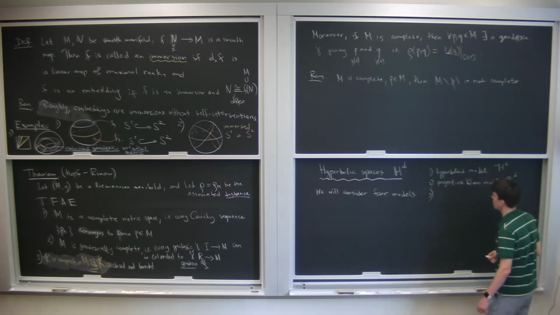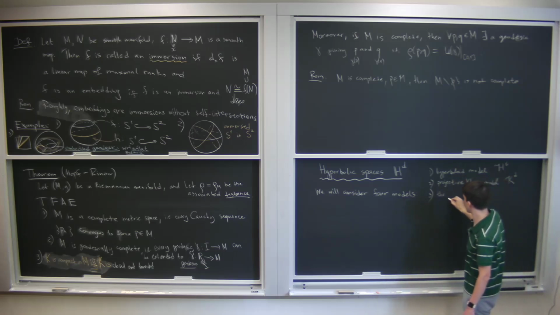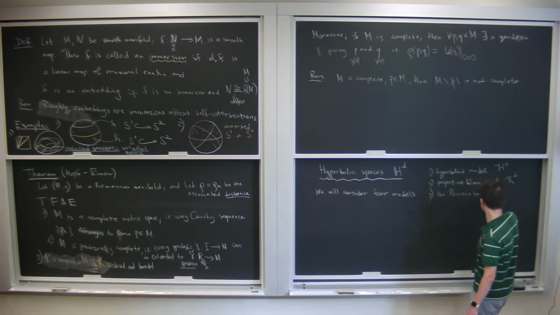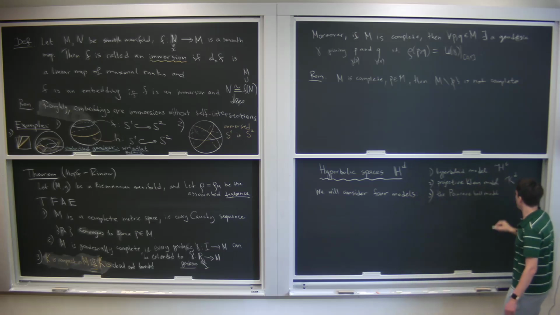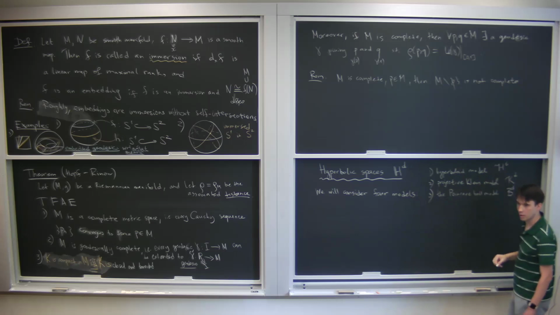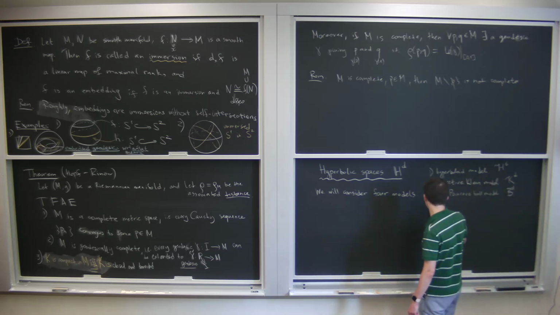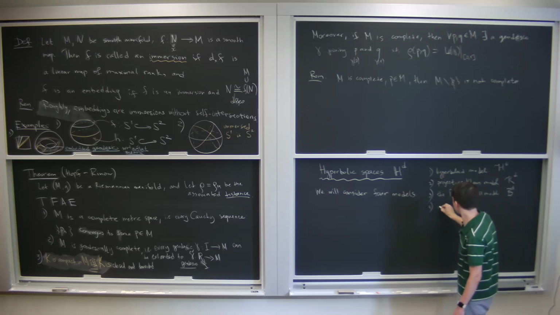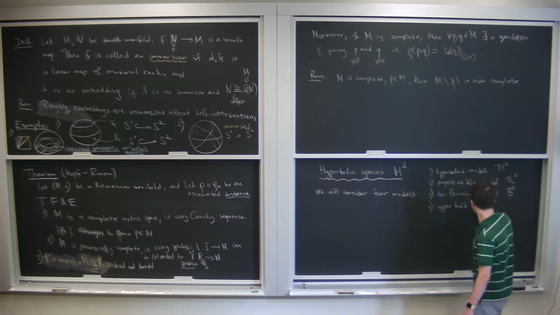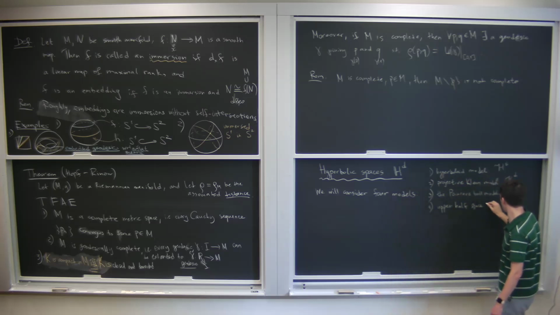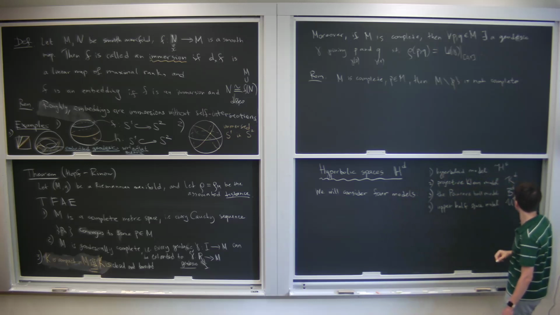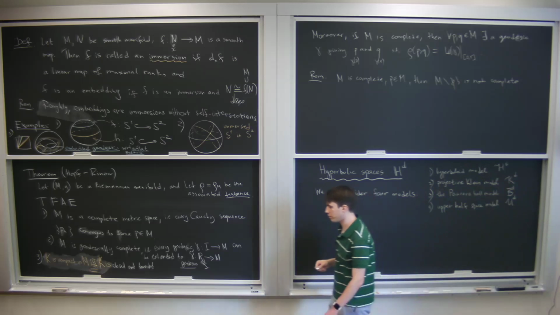Number 3 is the Poincaré ball model, which I will also denote as BD, as we discussed in dimension 2. And finally, the upper half space model, UD, right? So the four models.